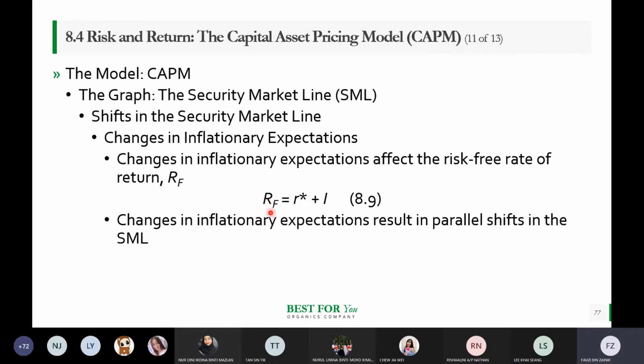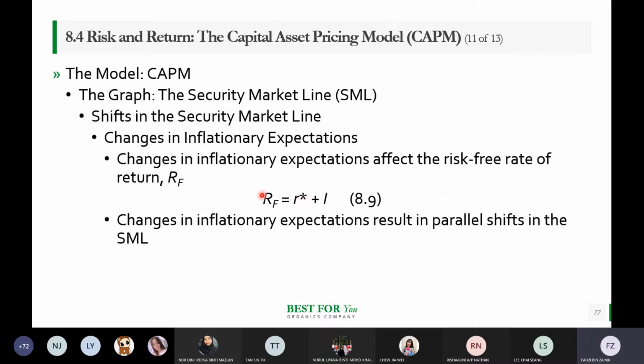How we figure out our risk-free rate, I think you have already learned during the chapter on bonds and interest rates, where it says the risk-free rate is a function of the real rate, or purchasing power, you can see this asterisk here, plus the inflation rate.